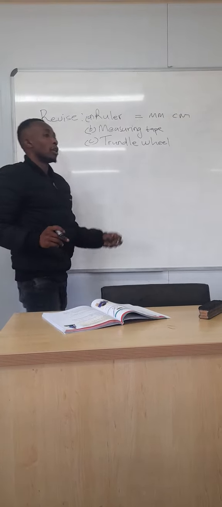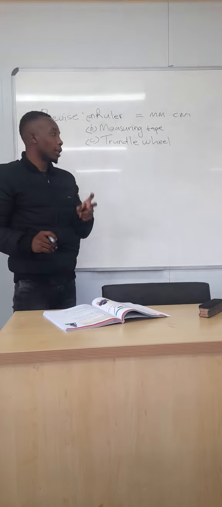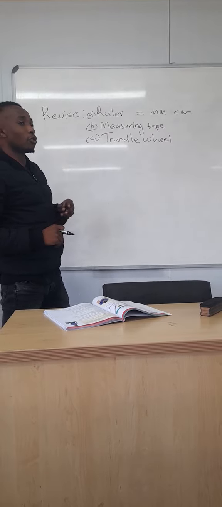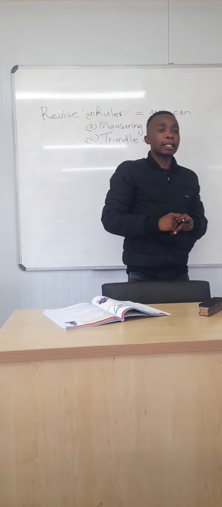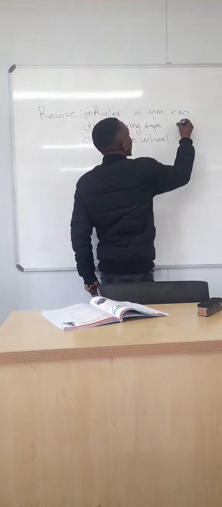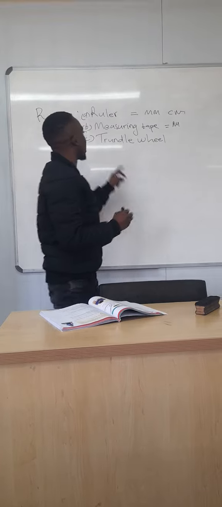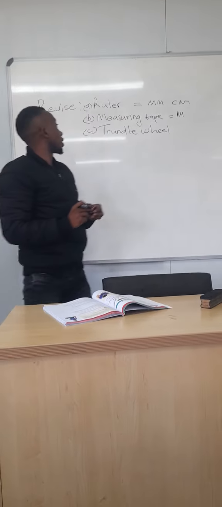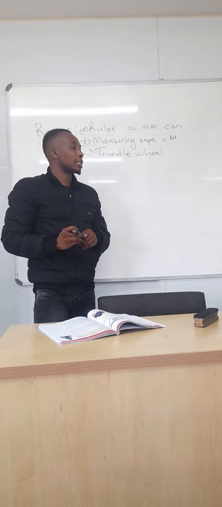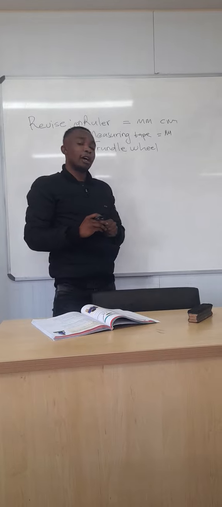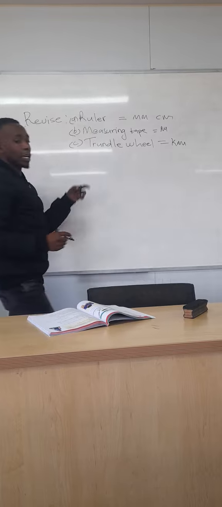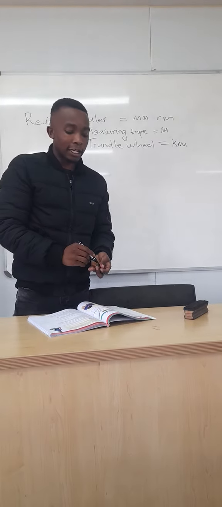Now a measuring tape can be used to measure length that is more than a centimeter, which is a meter. And the last one, a triangular wheel, can measure length that is equal to meter or kilometers. So this is what we have discussed in our previous lesson.